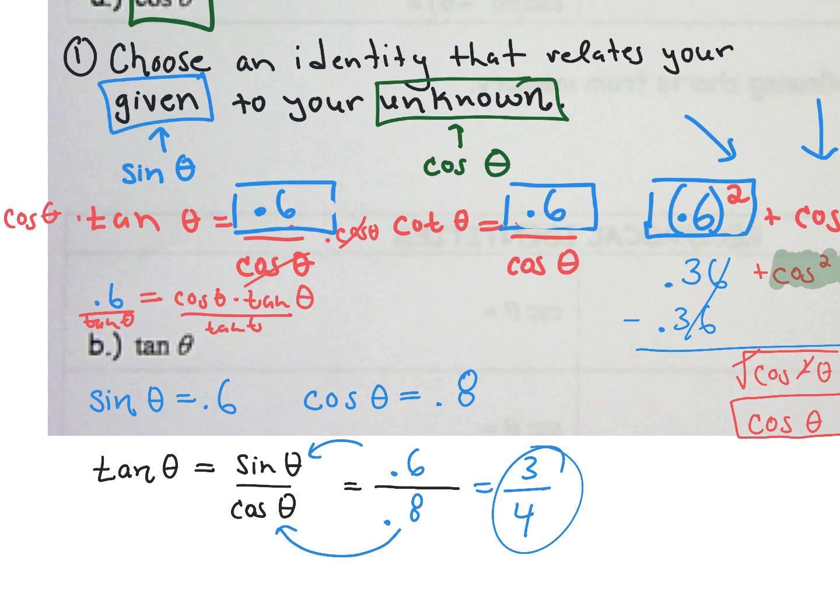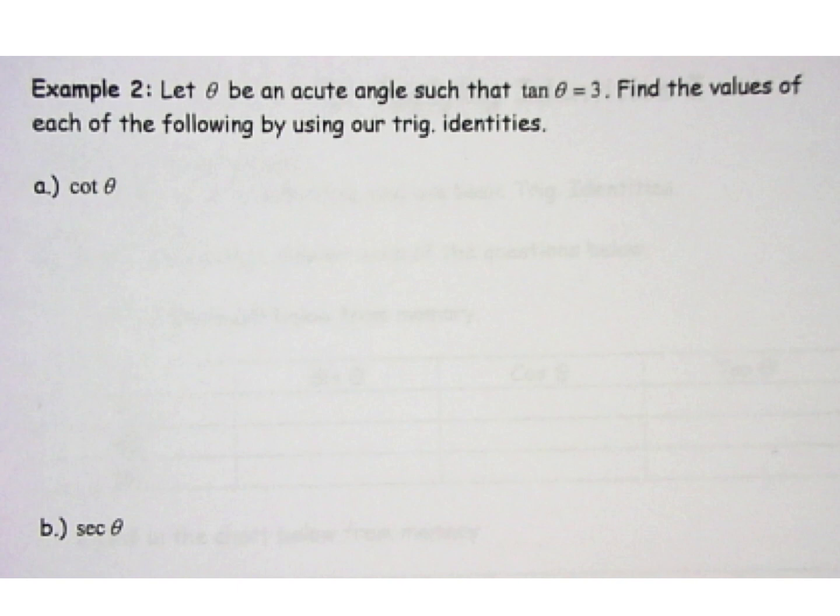All right, let's try one more. Just reading the problem here. In example 2, it says, let theta be an acute angle such that this time around tangent is 3, or 3 over 1. Find the values of each of the following by using specifically trig identities.